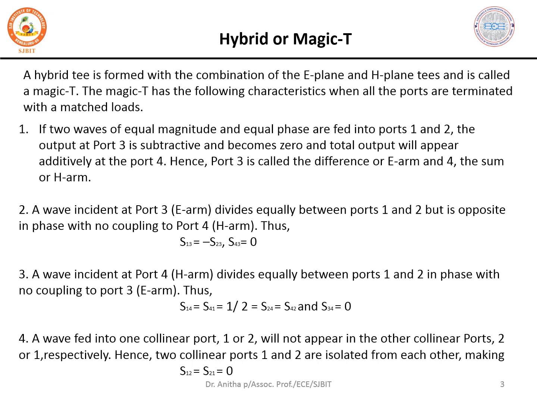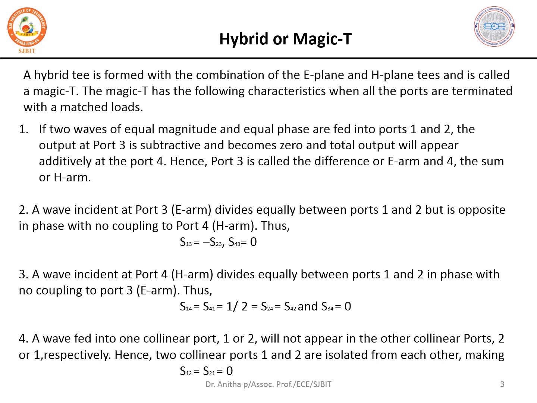In the same manner, suppose I give an input at port 4. That will get equally divided between ports 1 and 2 in phase, and there is no coupling to port 3. In a similar manner, you can express this as S14 equal to S41 because of the symmetry, and S14 is equal to S24.